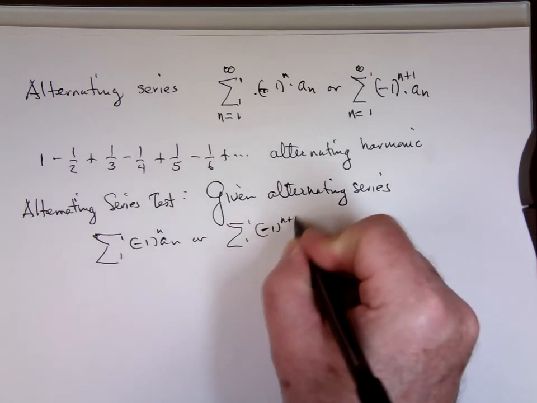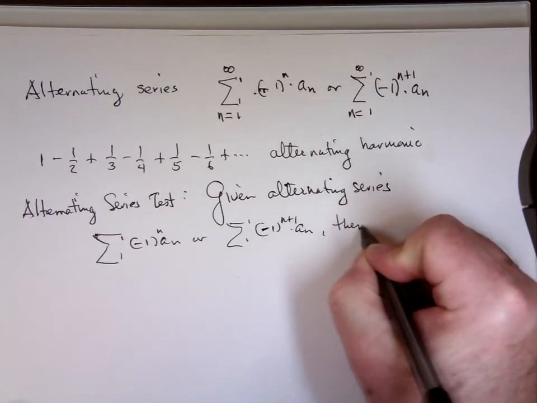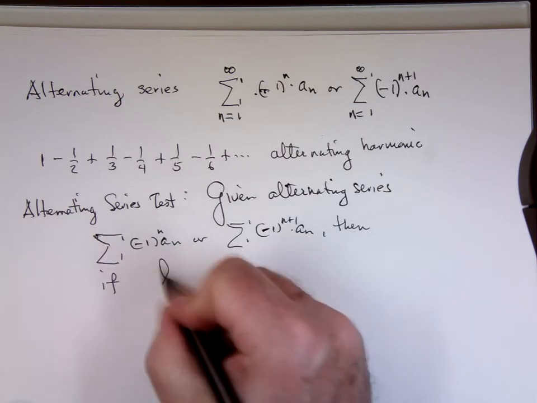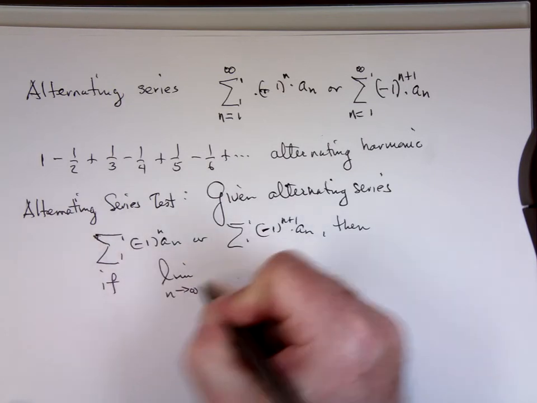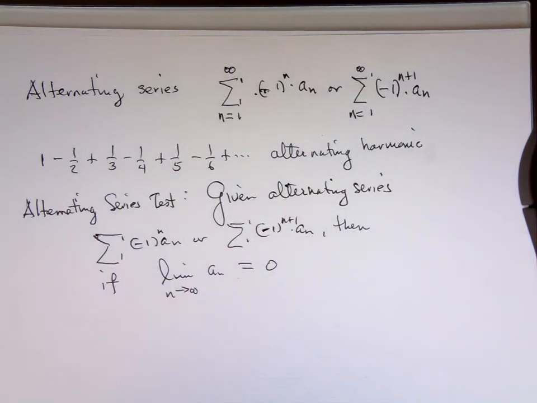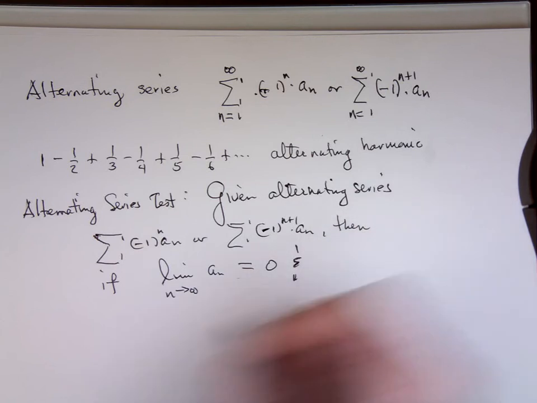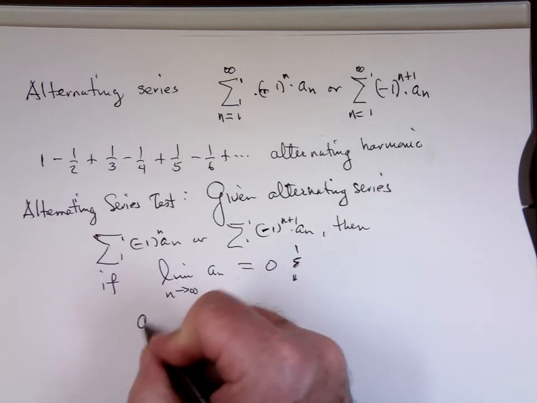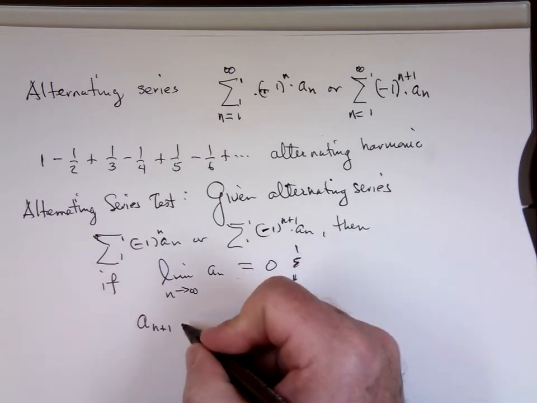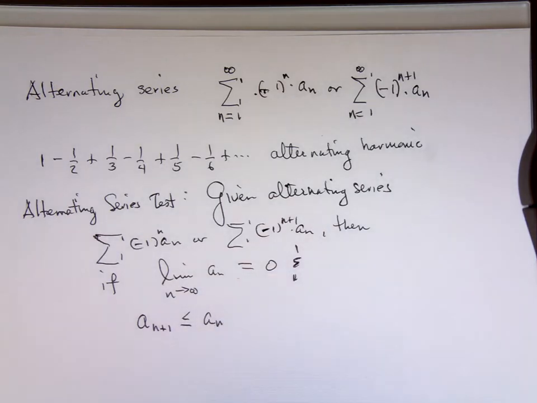Then, if the limit as n goes to infinity of a sub n is equal to 0, and the terms are decreasing, so a sub n plus 1 is less than or equal to a sub n, then the series converges.